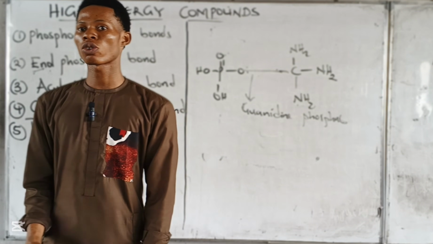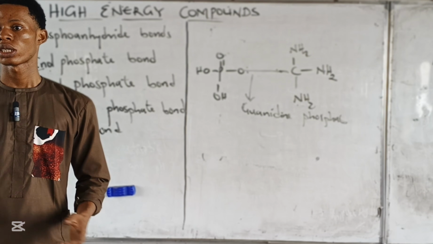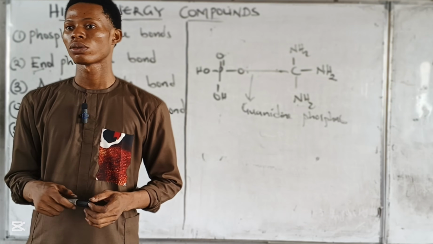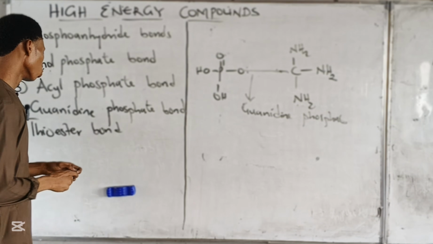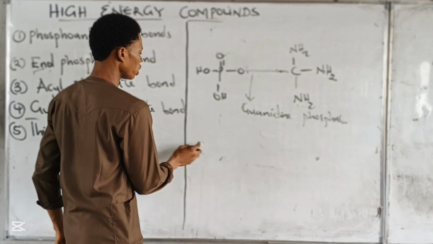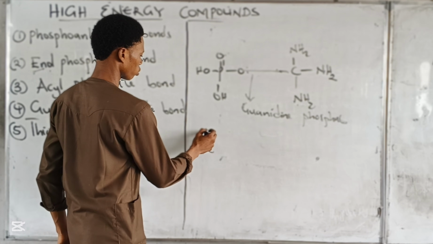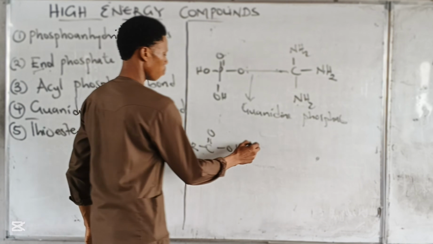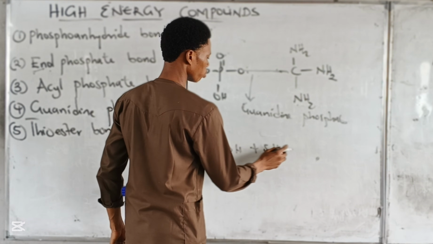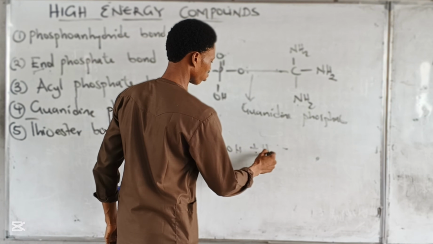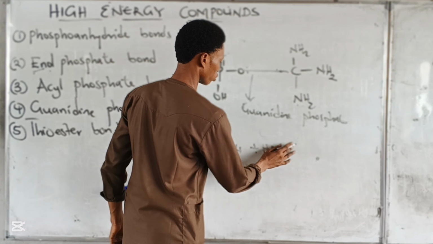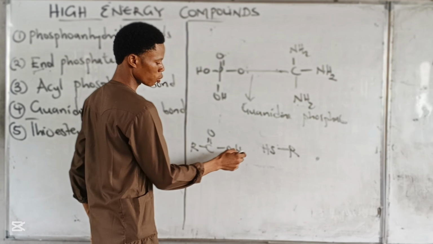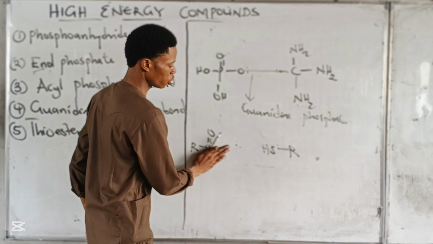Now, thioester bond is one between what and what? Carboxylic acid and sulfur from the SH group. Now, if I have carboxylic acid this way, plus SH group, if these two things combine, what I will always be giving off is OH, which will take H here.